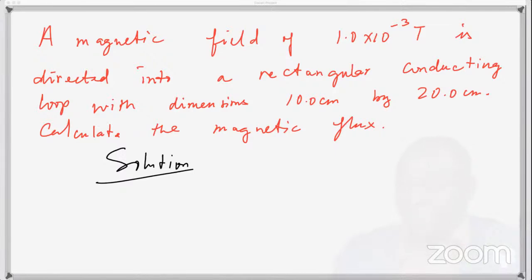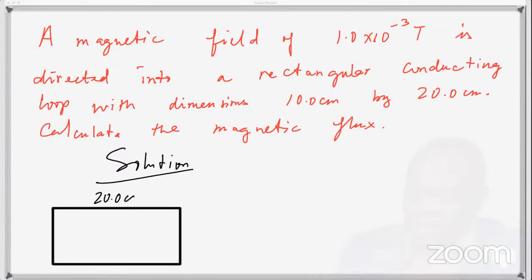Inside of the rectangle. Okay, so I need to start with a rectangle, right? It says rectangular, and the sides are 10 centimeters by 20. So the long side is 20 centimeters, the short side is 10 centimeters. And the magnetic field is directed into the plane of the page, so I can just draw a few circles with crosses. That means the field is going in.